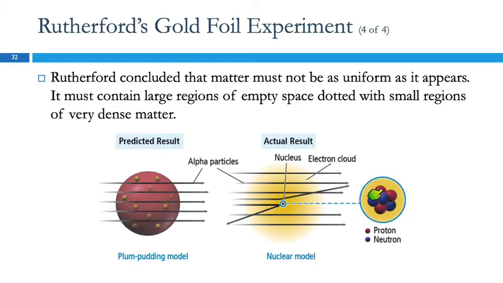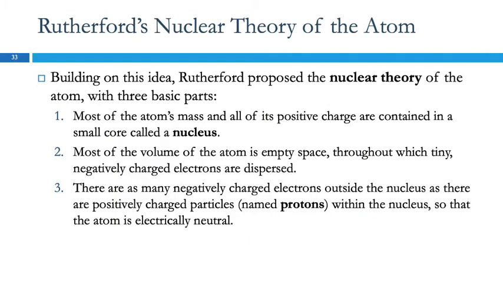Inside the nucleus, we have protons and neutrons. We'll talk about the neutron in a minute. So this led to the nuclear theory of the atom, and there's three basic ideas. Most of the atom's mass and all of the positive charge is contained in a small core called a nucleus.